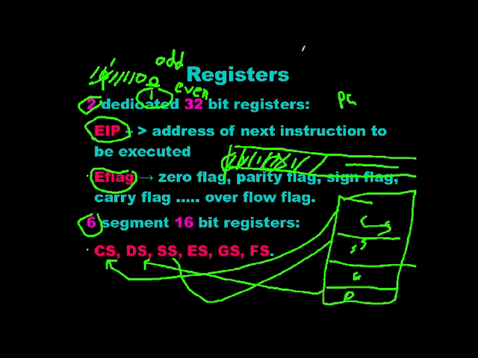So now I know I have what? A memory of size 16-bit, meaning 2 to the power 16. And what's that, 2 to the power 16? How much is it? You got 64 kilobytes. 64 kilobytes of memory.